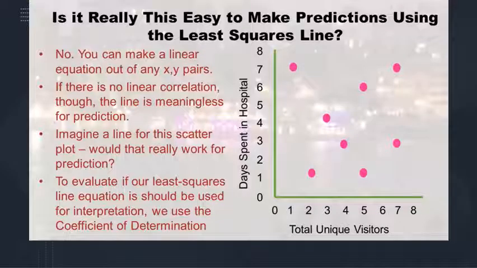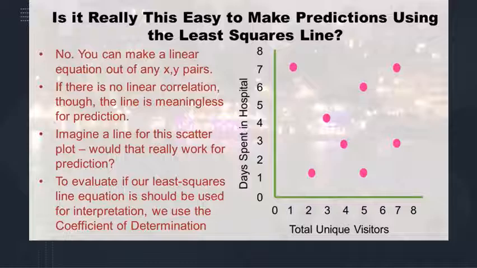So is it really that easy to make predictions using a least squares line? Well, when it does fall within that range, then yes, but here's another issue. What if you have a scatter plot that looks like this to your right? Isn't that crazy? Does it really look like there's a line here or any kind of linear correlation?